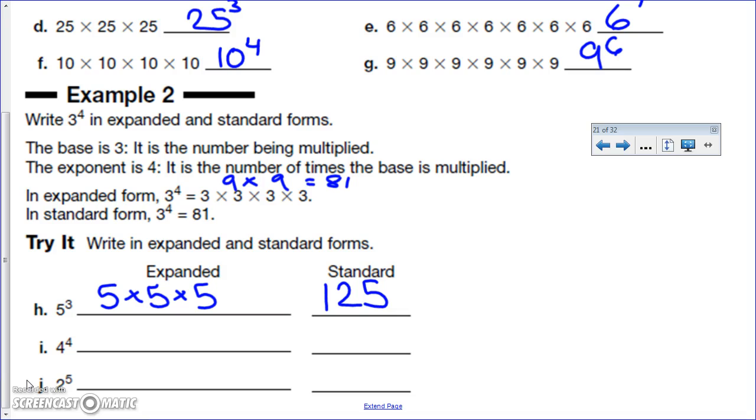For I, we have 4 to the 4th, so we're going to write out 4 times 4 times 4 times 4. And then we're going to multiply them together. So we know 4 times 4 is 16.